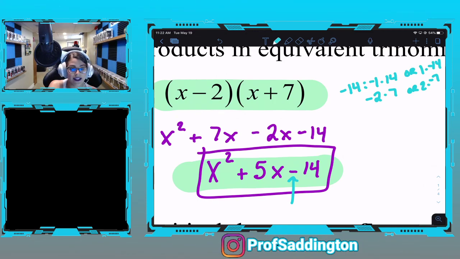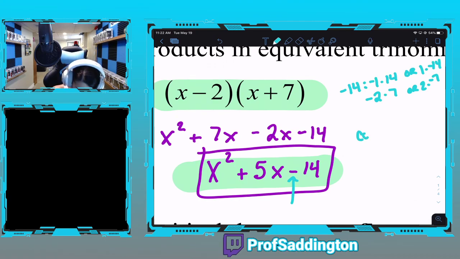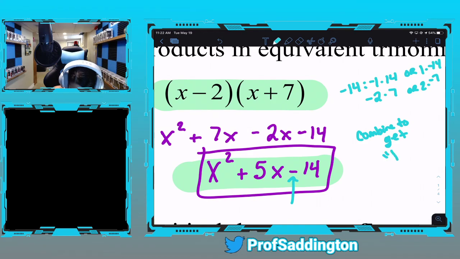So, and it needs to combine to give me 5. So combine to get B, which in this case happens to be a positive 5. So which of those, when I combine them, gives me a positive 5?